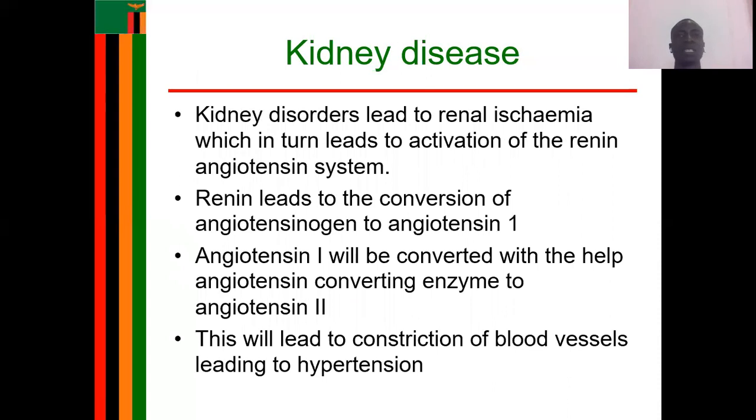Or when somebody has a kidney disease or a tumor of the adrenal gland, it can lead to ischemia, which in turn leads to activation of the renin-angiotensin system.